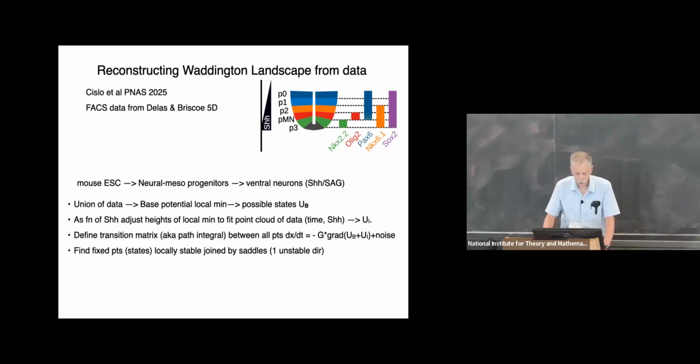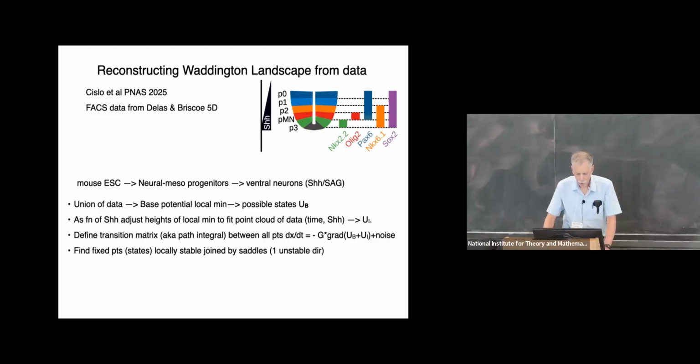The experimenters then add sonic hedgehog to the cells at varying concentrations and for varying durations, and measure as a function of time what the cells do in this 5-dimensional space.